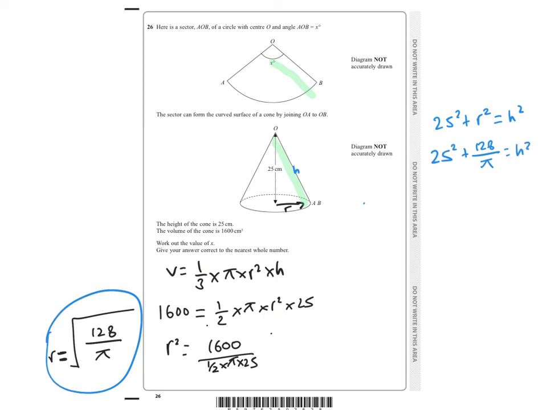Right, I'm going to put that into my calculator. 25 squared plus 128 over pi equals, so I get 665.7436 is h squared. Root the answer: 25.802 is what that height is. So this is 25.802. Okay, I'm going to keep it like that.